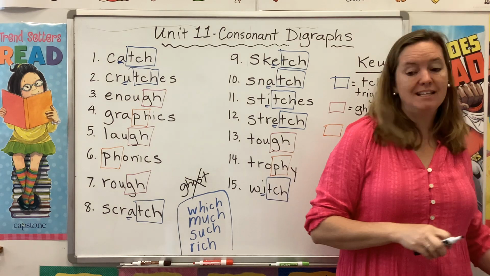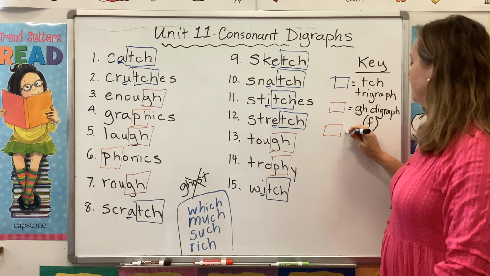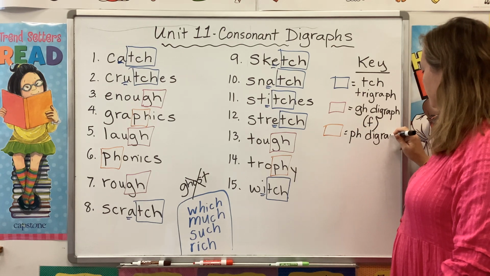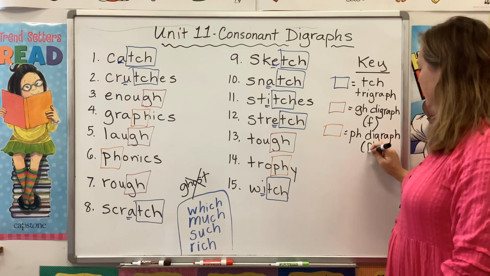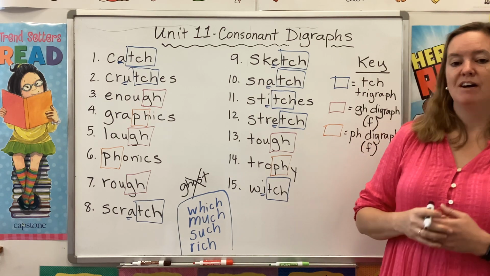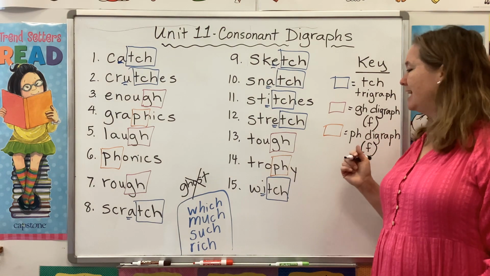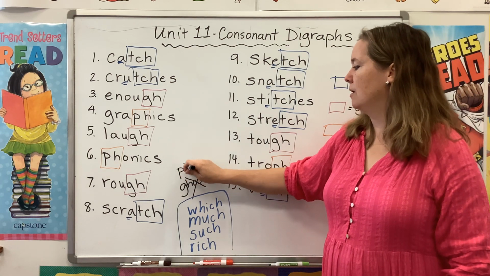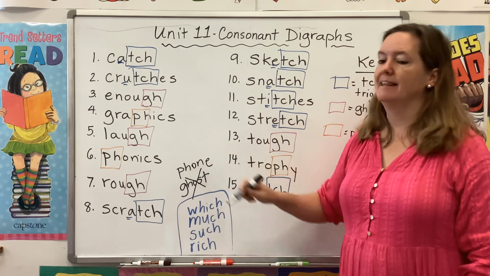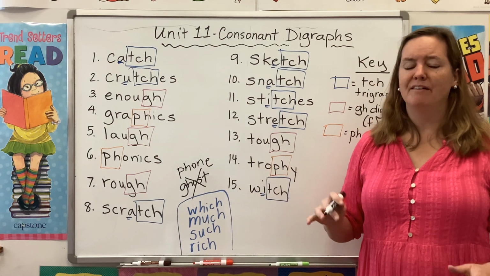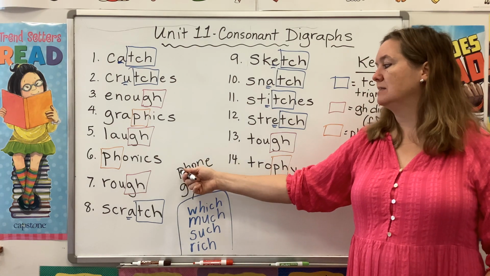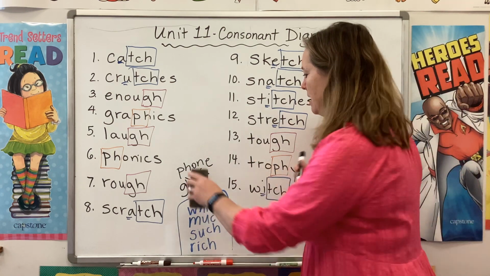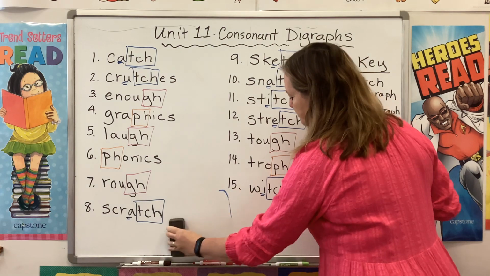In all of these examples, we have a PH digraph making the f sound. My guess is that you're pretty comfortable with this pattern because you all know this word, right? Phone. Everybody wants a phone. And we spell phone with a PH. All right, let me make some space here.